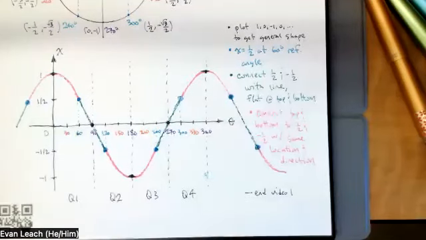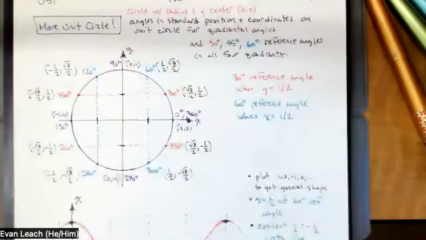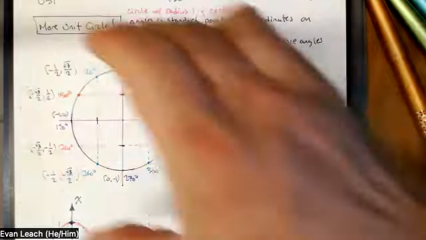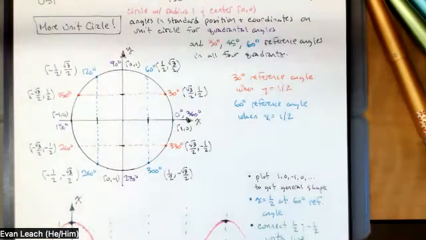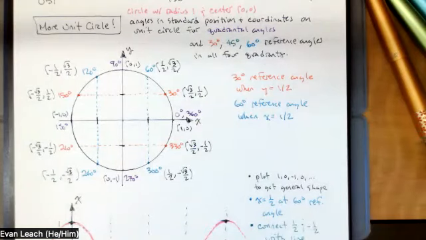All right, so your job is to learn the unit circle: 30, 45, and 60-degree reference angles in all 4 quadrants, the quadrant angles, and the coordinates. So I want this picture in your mind. I want to be able to hand you a blank circle and have you fill it out.